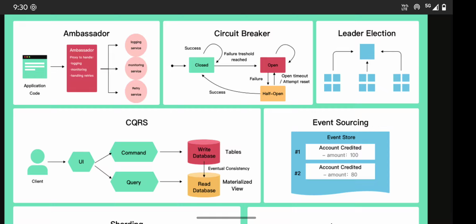And another thing is the leader election design pattern. When you have a distributed system, you have multiple servers connected together in a cluster. You may have 10 servers, 20, 30, or you may have 100 servers, thousands of servers, depending on the business. For a business operating at a global level, you may have 1,000 servers, or 500 servers.